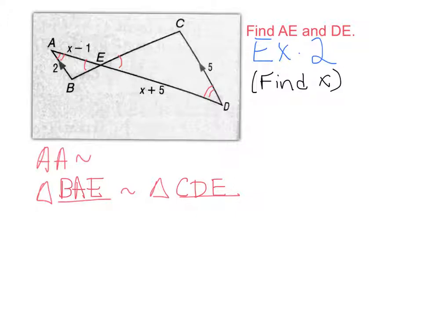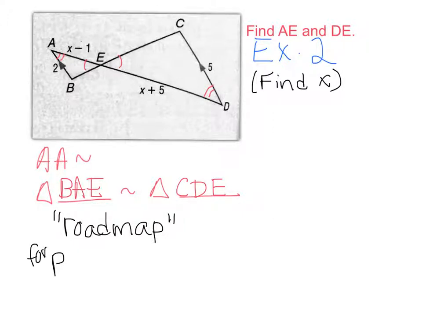So now at this point our similarity statement gives us, remember we have called it before, our roadmap, which allows us to figure out the proportions that we need to set up to solve for X.